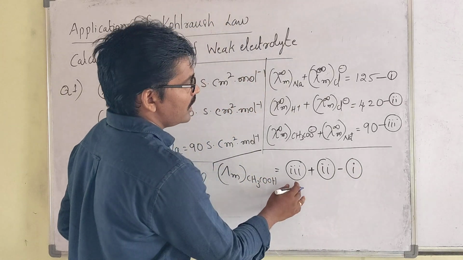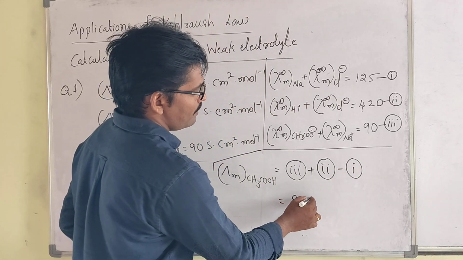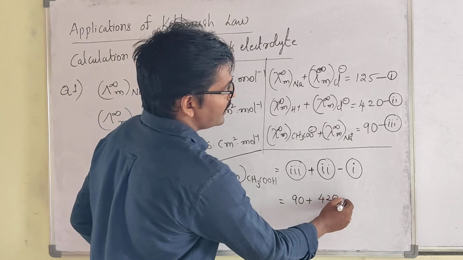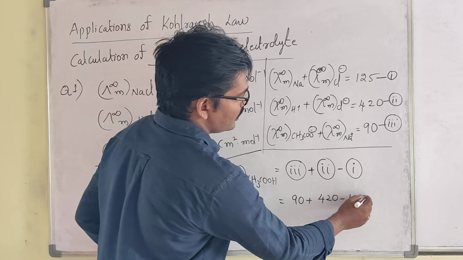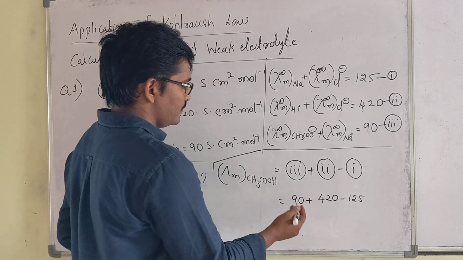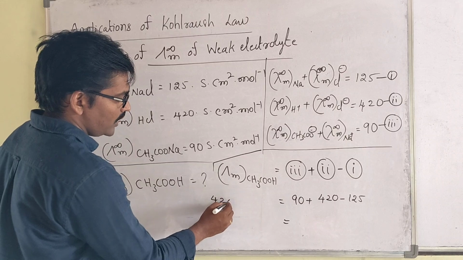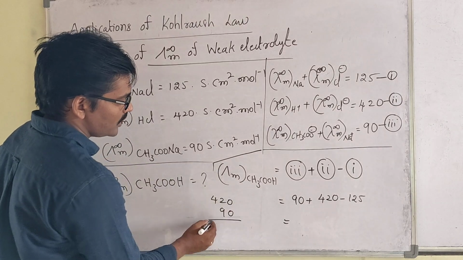So the third equation 90, then plus the second equation 420, then minus 125. So for the fourth equation, 420 plus 90, how much do you get? 510.